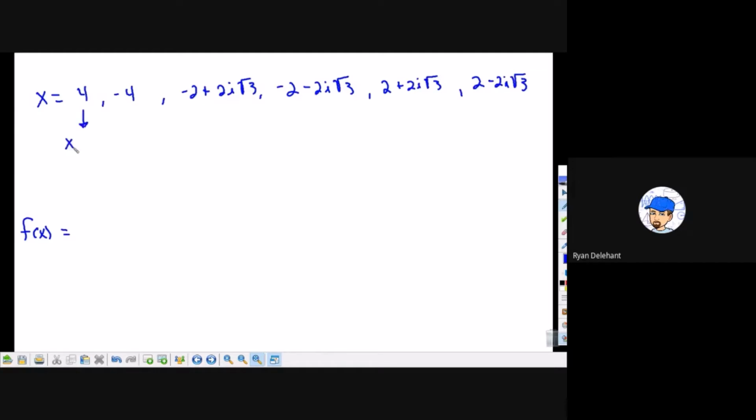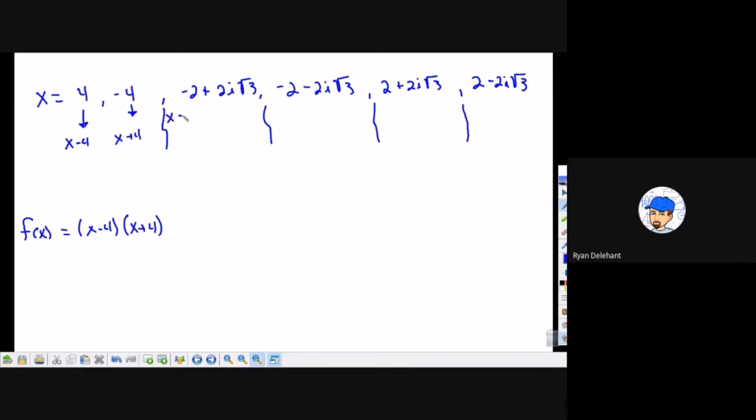So we know this one's going to give us x minus 4. We know this one's going to give us the x plus 4 when we set it equal to 0. Those two are pretty easy. We've done a bunch of those. Let me make that a little neater. These imaginary ones that we have to deal with might be a little bit tougher, and you might want to write them out again just to be sure.